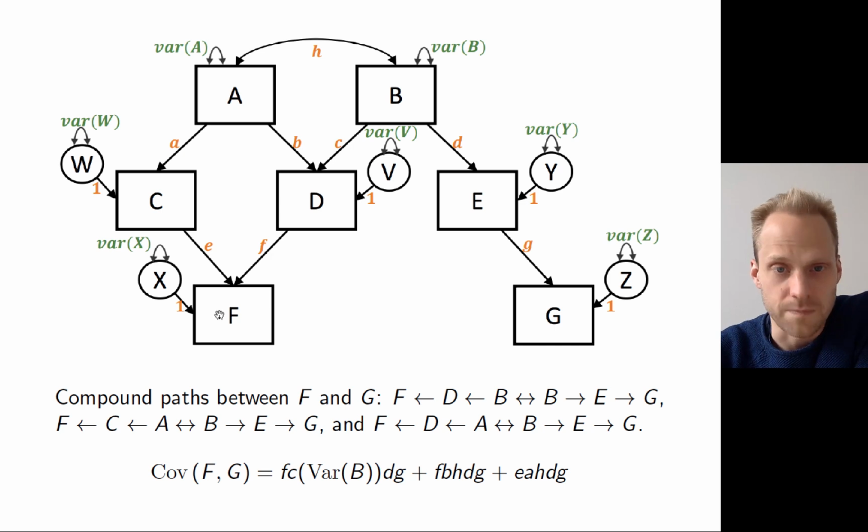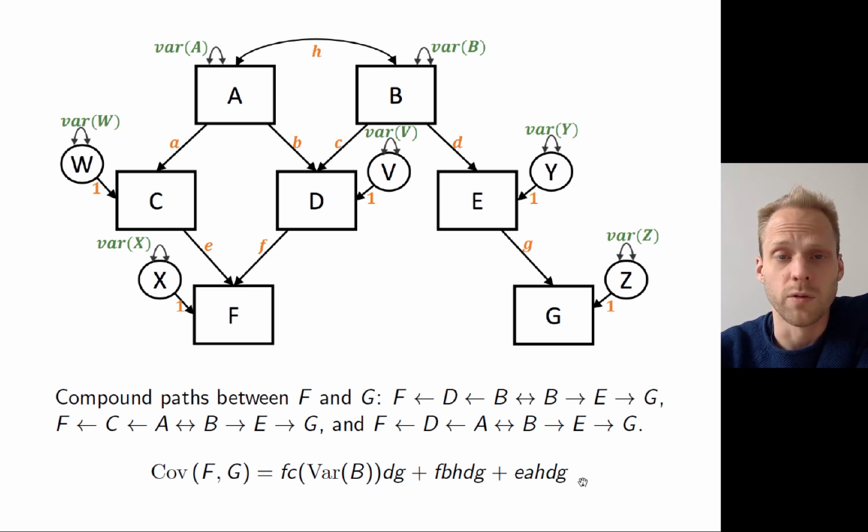And we could also go from F to D, from D directly to B, then take this double-sided arrow at the variance, which you have to remember is sometimes not drawn, then go from B to E, and then from E to G. And then we have the path F, this parameter here, times C, this parameter here, times the variance of B, times D, this parameter here, times G. And if you do the covariance algebra for F and G, you will get the exact same result, which is really nice.